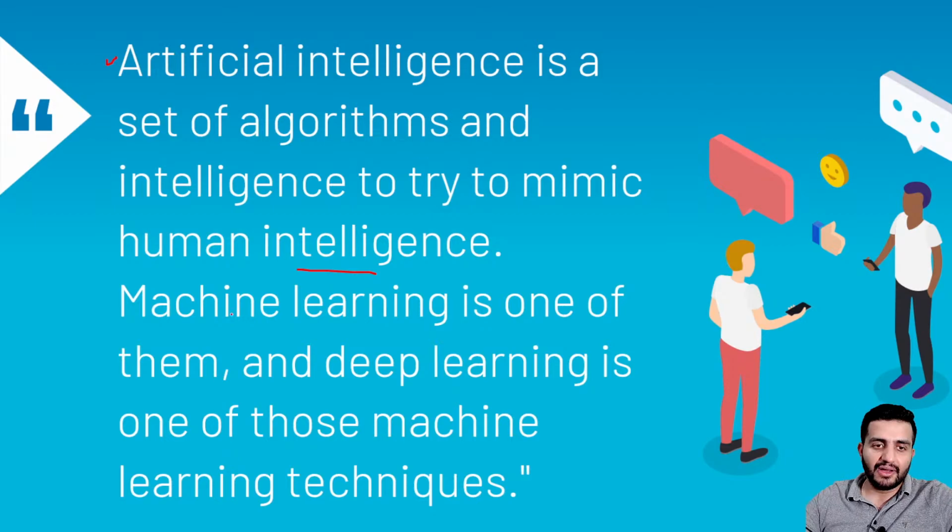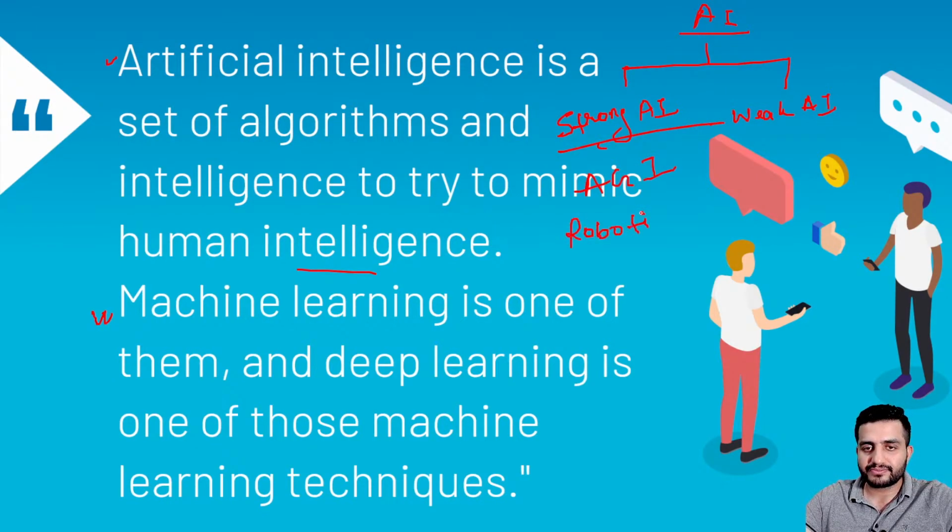Machine learning is one of them. Machine learning is one of the methods of artificial intelligence. AI broadly is of two types: something called strong AI, and something called weak AI. Strong AI covers artificial general intelligence or robotics. In weak AI, we talk about machine learning, where deep learning is again a sub part of machine learning, right?